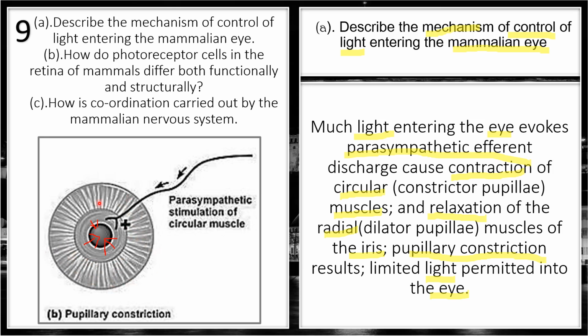These radial muscles, when they relax, will allow the circular muscle to reduce the iris. And when they reduce the iris, the pupil will reduce in size. And that one will limit the amount of light entering the eye.